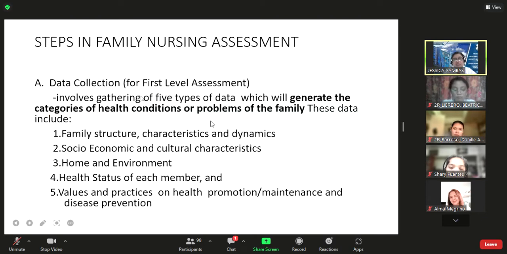So let's go to the steps in the family nursing assessment. In the formulation of the family nursing care plan, the very first step that we need to do is to conduct assessment.